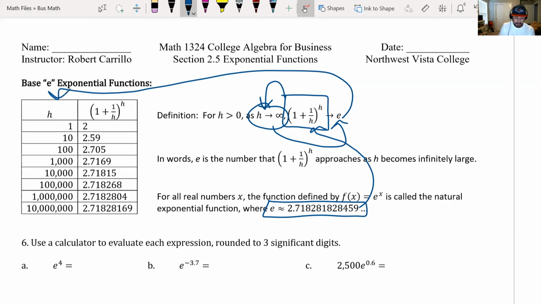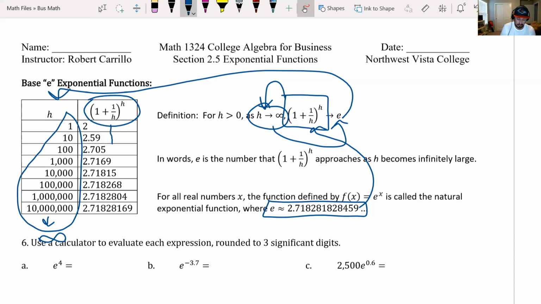My h values are getting increasingly larger towards infinity, and as h gets larger and larger, this expression, 1 plus 1 over h to the h, starts to approach a similar number.